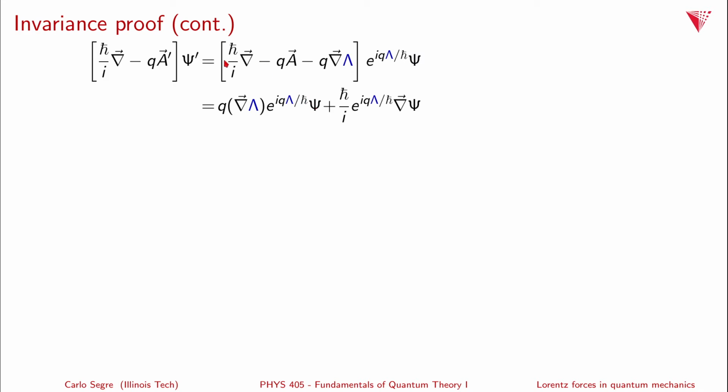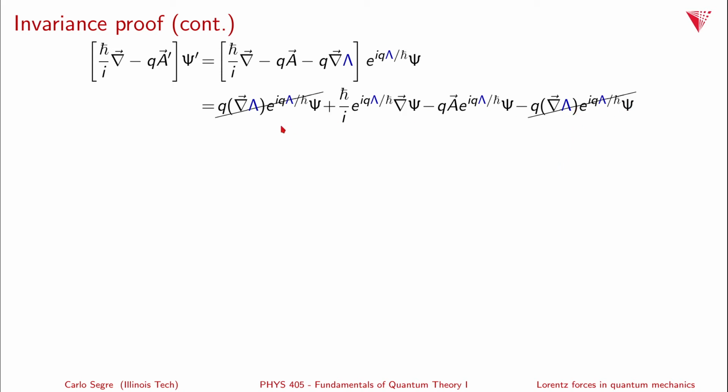And then we have to take the term where we take the gradient of the second part, which means that we have h bar over i e to the i q lambda over h bar times the gradient of psi. So that comes from the first term. The second term gives us minus qA times e to the i q lambda over h bar psi. And the third term gives us minus q gradient of lambda e to the i q lambda over h bar psi. So we have four terms to deal with.